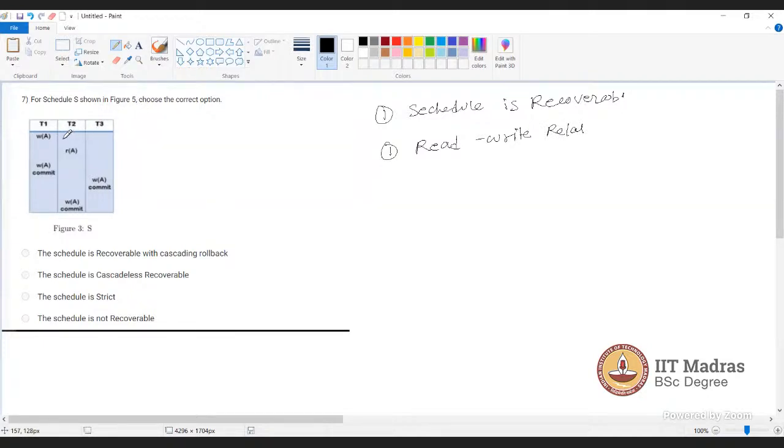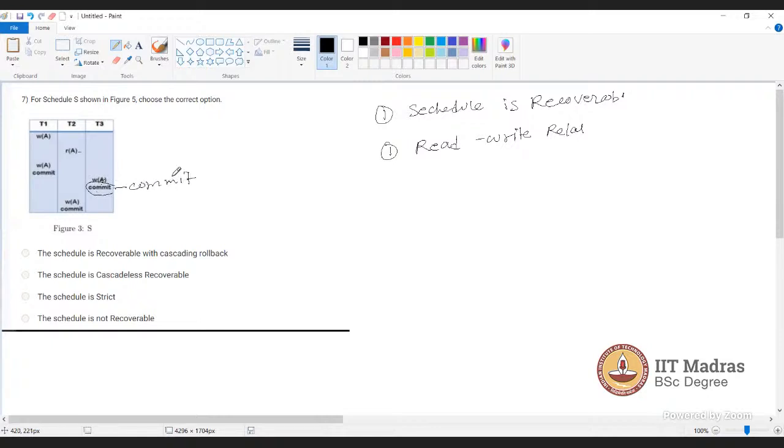We can see that write A then read A. So T2 and T3 are conflicting, there is a write-read relationship, right? Yes. And commit means this person is committed, right?